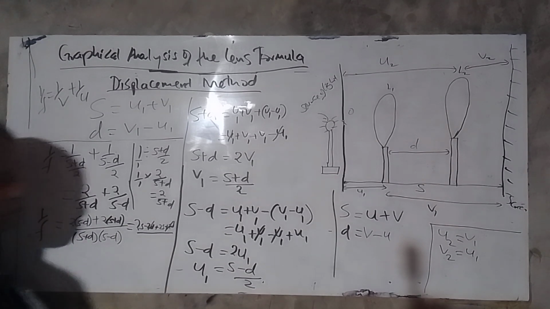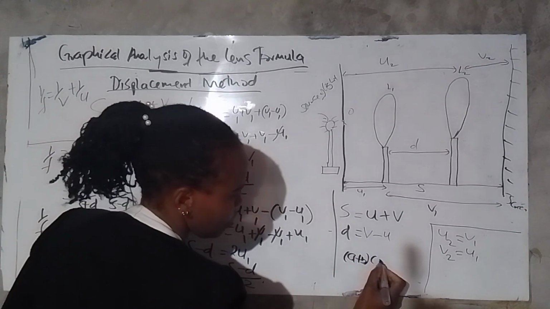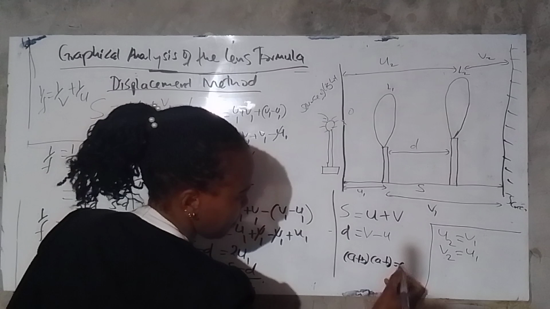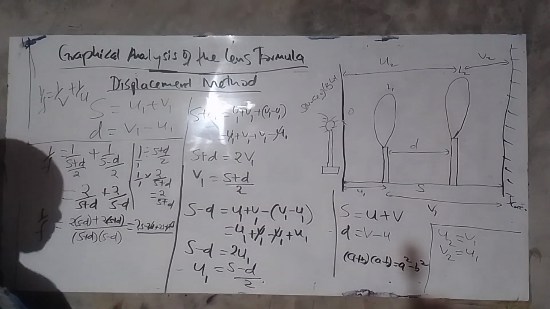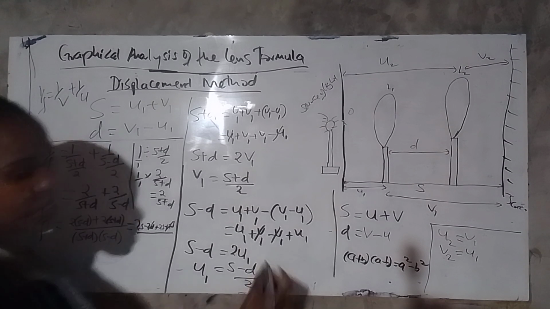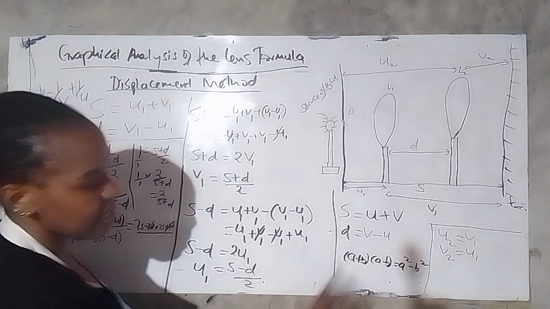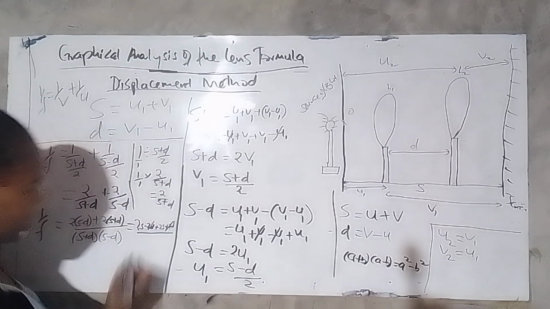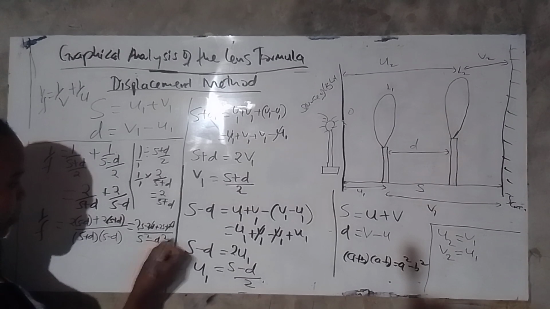Now you have done that in mathematics: (a plus b)(a minus b) is the same as a squared minus b squared. If you want, you can open the brackets the long way, and you will still get the same. So this is the same as s squared minus d squared.